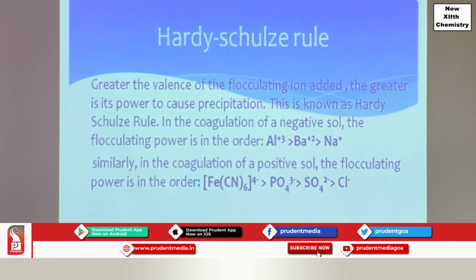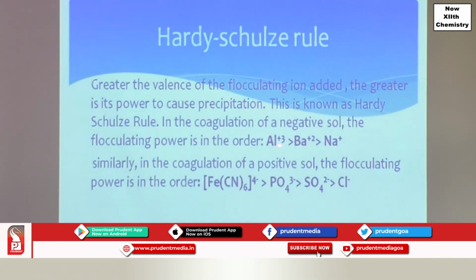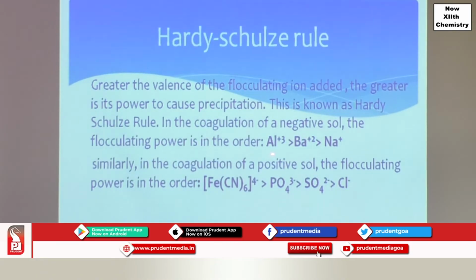Now, what is going to happen? There are choices of ions. For positive ions, the greater the valence, the greater the power to flocculate. So, out of Al3+, Ba2+ and Na+, Al3+, since its valence is greater, will have greater power to flocculate the negatively charged sol.